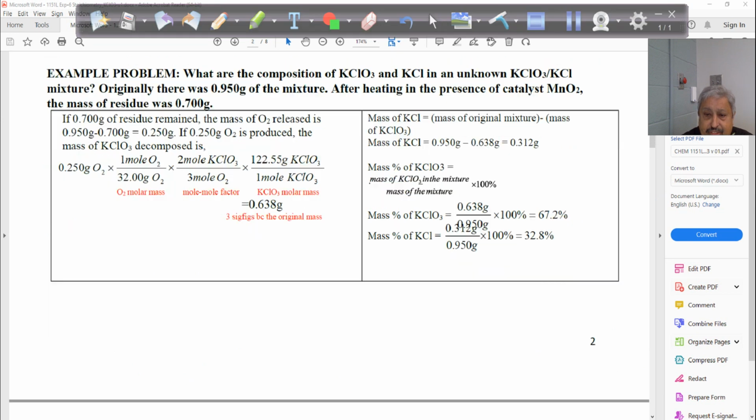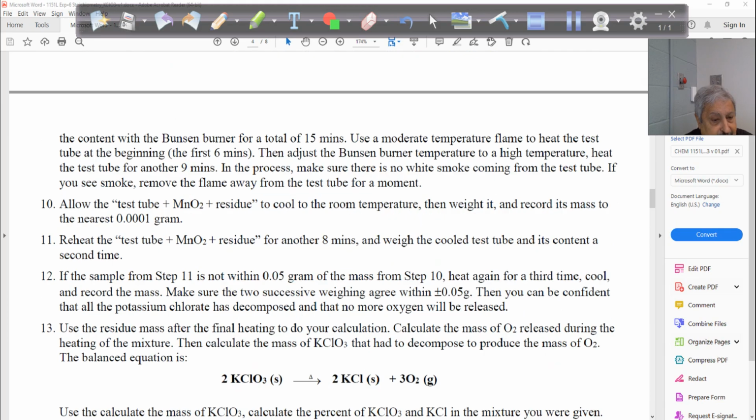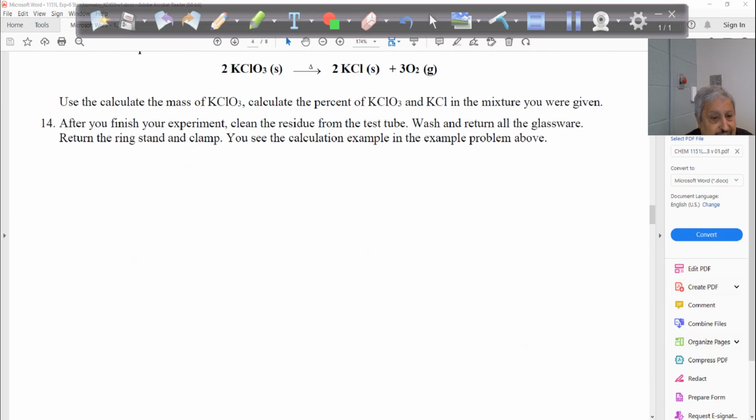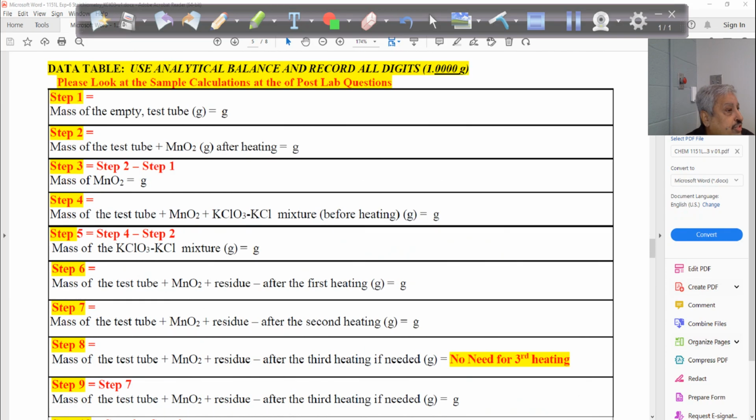Before we go to the experiment, I just want to show you that I did modify this. The lab supervisor did not do that, but I said it's better to show the students how to do the steps. Okay, guys? Look at the steps here. Step 1, you start with the test tube, correct? Mass of the empty test tube, then the mass after the heating.